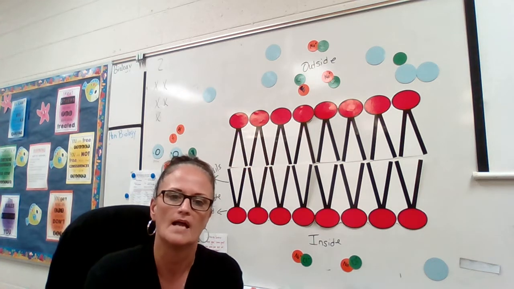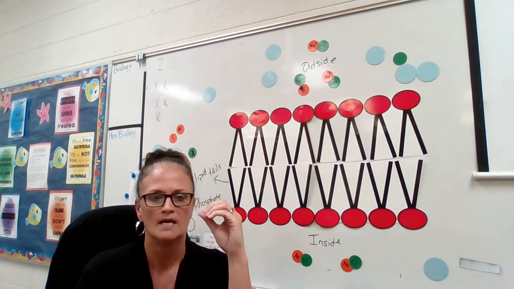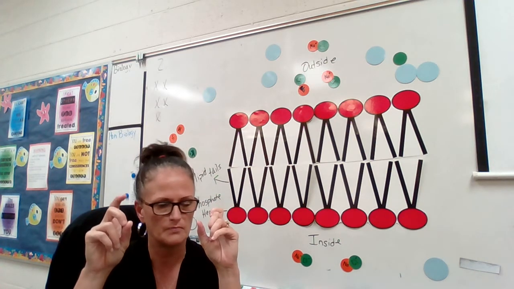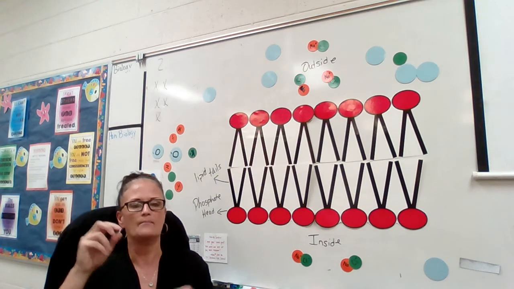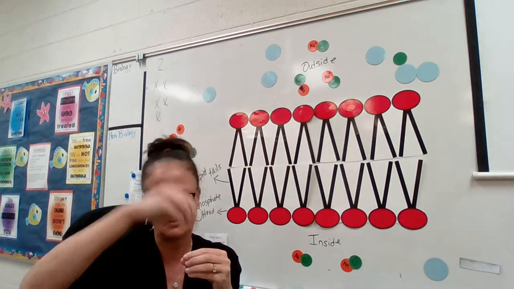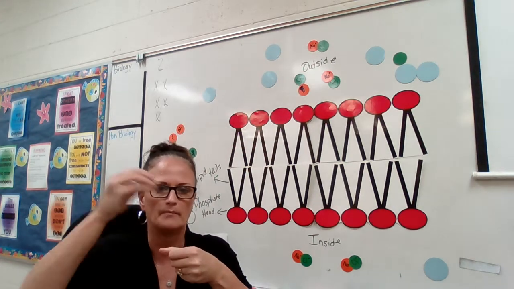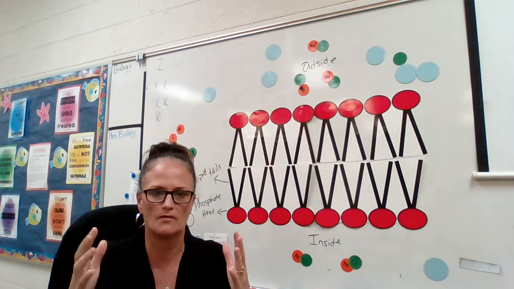Think of diffusion as if you have perfume in a vial, and not a spray bottle, because with a spray bottle you'd be using some energy to get it out. But if I simply have perfume in a vial that has a little top on it, and I pull the top off, eventually you're going to start to smell the perfume.